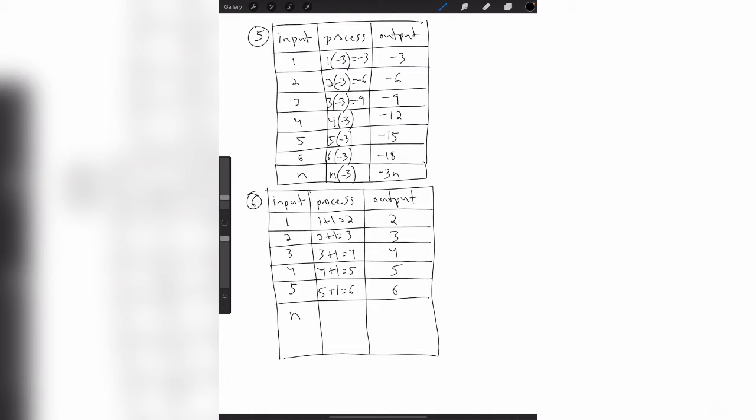And I could say that whatever n is, it could be negative 20 or 522, I would just add 1 to it, and that would end up being the answer. So my output is going to be n plus 1. I don't think it asked for the nth term for that problem, but I went ahead and did it anyway.